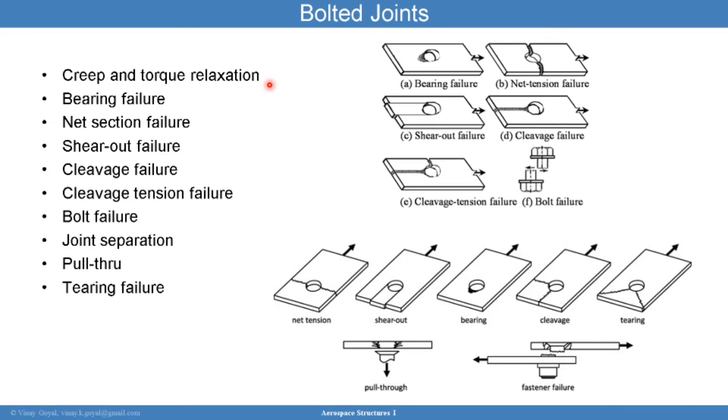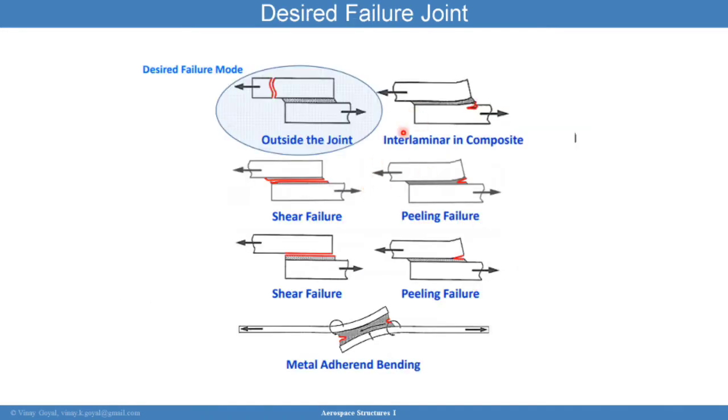We also have various failure mechanisms for bolted joints, and here are some pictures of the various failure mechanisms. I'll walk you through some of them. And bolted joints are advantageous over bonded joints in the sense that with bonded joints, once you bond structures together, they're sort of permanent.